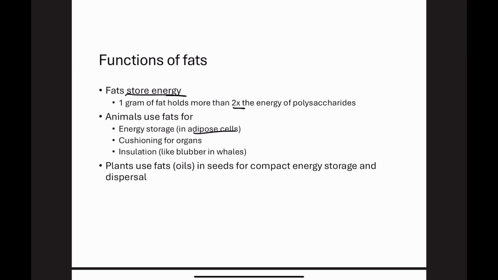And fats, they also cushion our organs, such as our kidneys, and they even provide insulation. Especially we see fat used as insulation in marine mammals like whales or seals. They have blubber, which is just a thick subcutaneous fat layer that is going to allow them to retain heat.